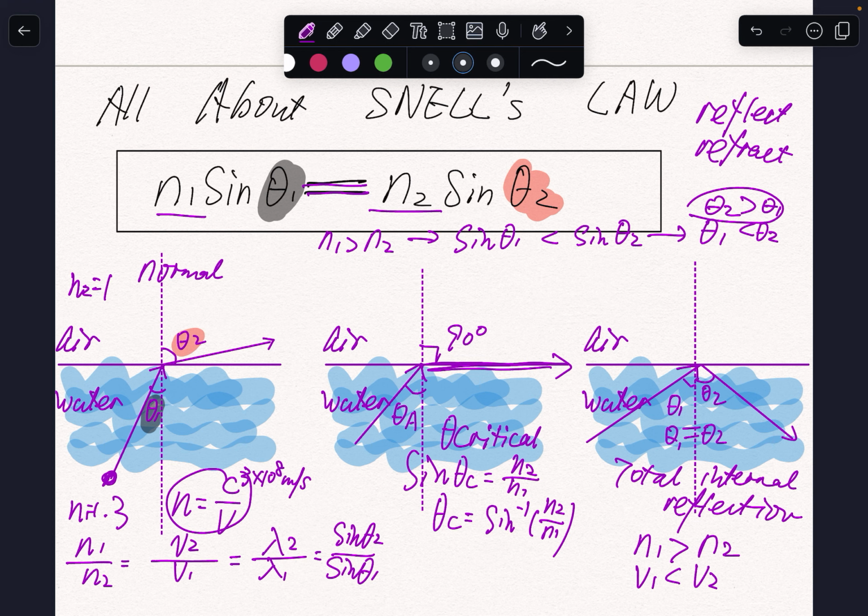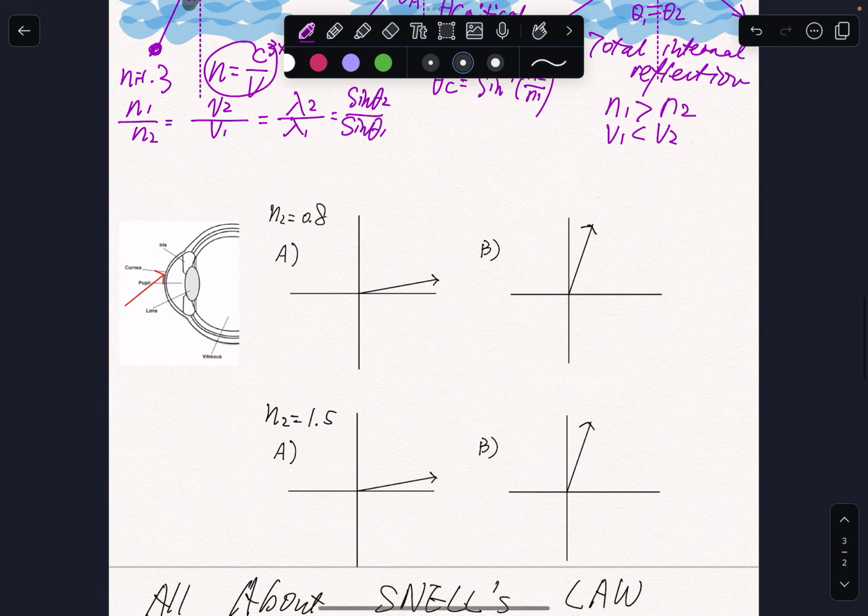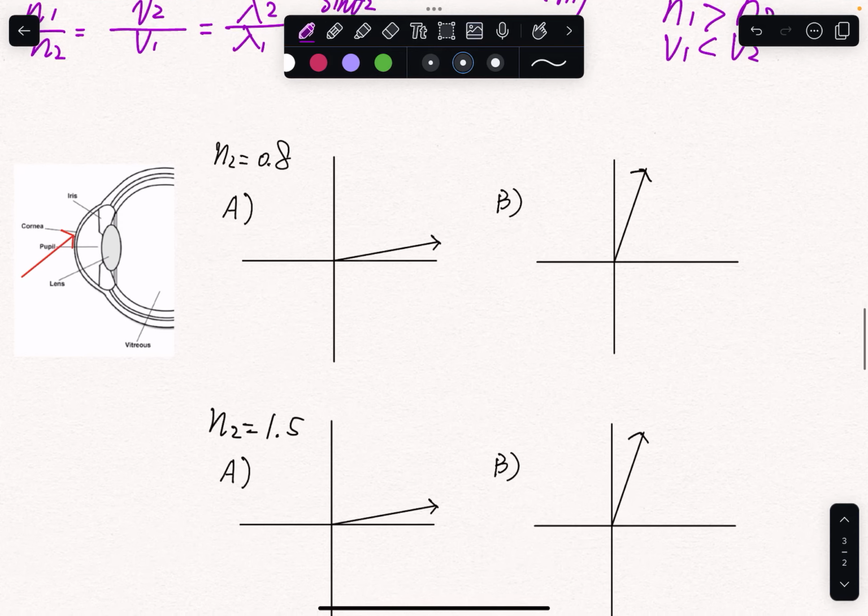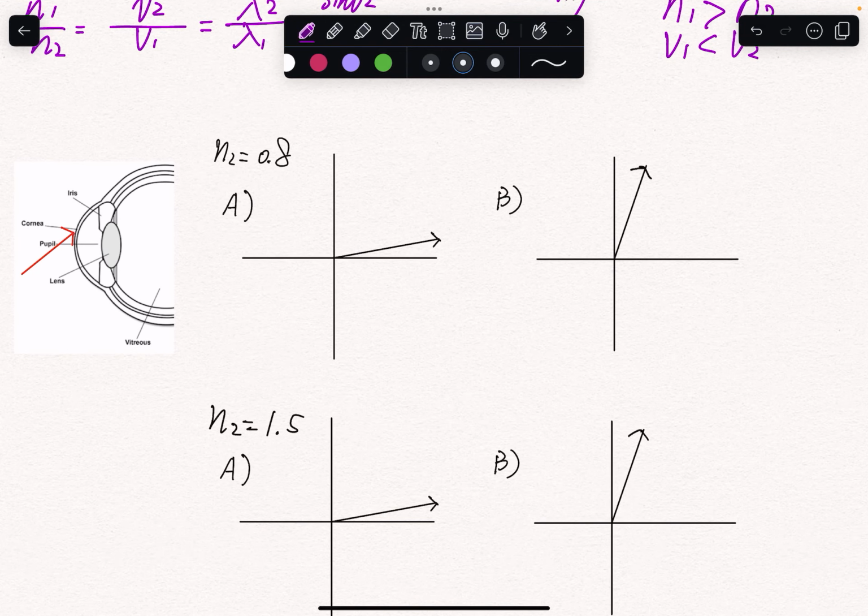All right, so that's the basics of Snell's law that you learned in physics class. Now, for the MCAT, let's apply it to a biological scenario. I have a problem for you. This is an eye. The light that hits our cornea is from the air, which means the medium n1 is air.